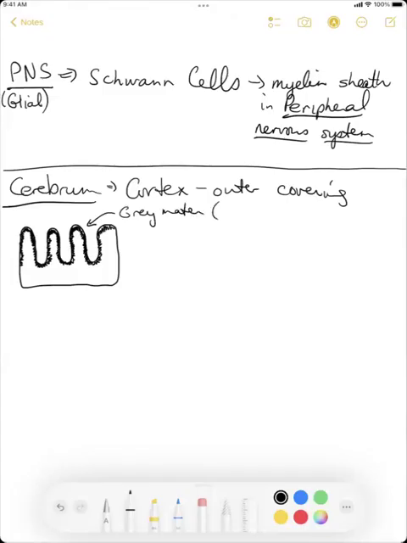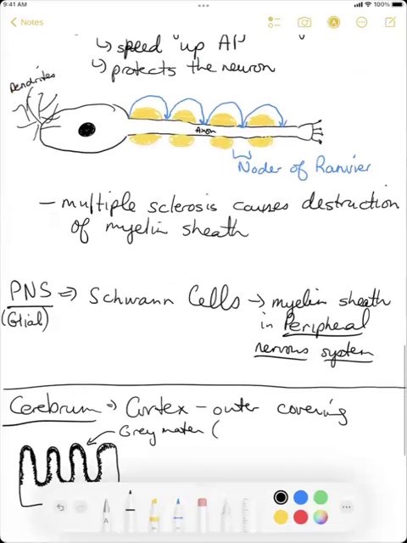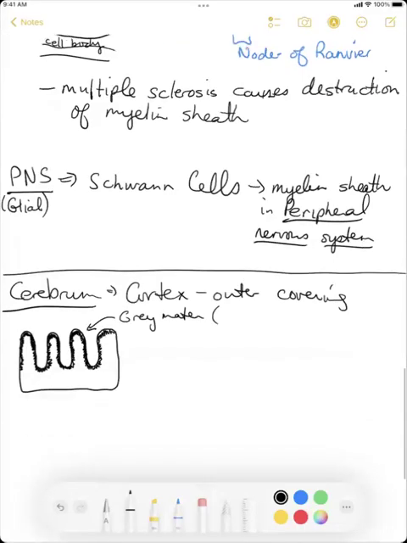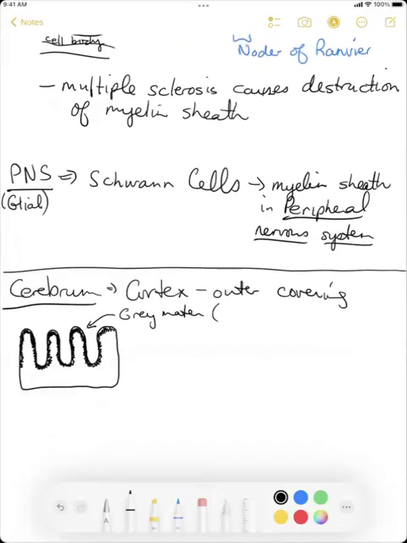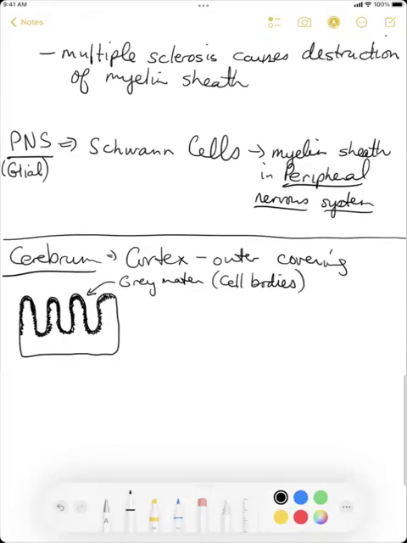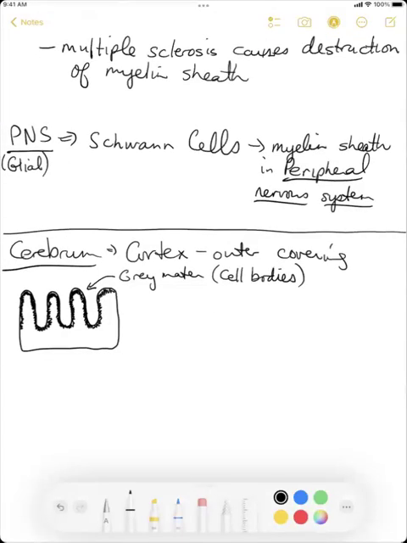And gray matter makes up all of the cell bodies of neurons. So similar to these cell bodies that I drew here, all those cell bodies are going to be arranged most superficially in the gray matter. And then the rest of it has a whiter appearance to it, and that is going to be called white matter.